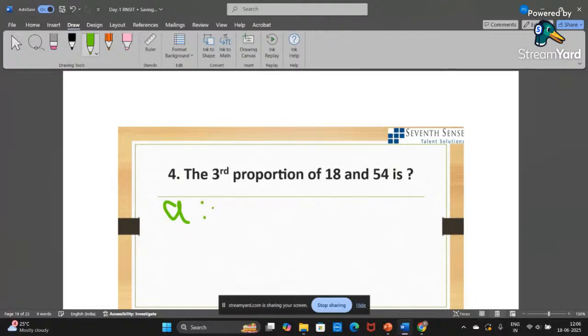A is to B is to C. Okay, this we can write in the form of A is to B, double colon, this is a proportion symbol which is also known as equate. Then B is to C.